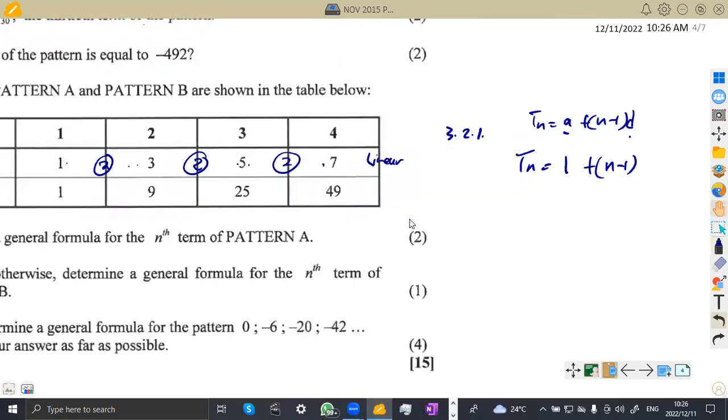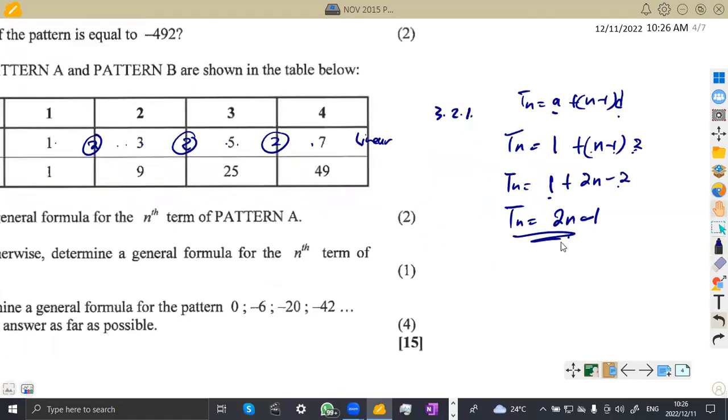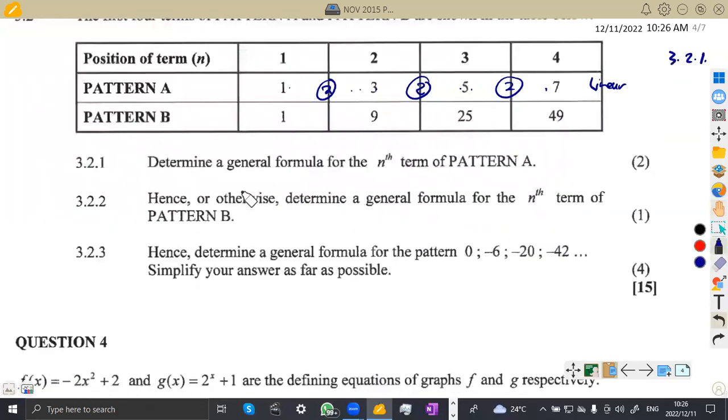There is a difference of 2 on these terms. So that's our Tn, which is 1 plus 2 times n, which is 2n. 2 times minus 1, that's minus 2. So Tn is equivalent to 2n. 1 minus 2, these are the like terms, which gives us a negative 1. So our Tn can be given as 2n minus 1. All right, so that was it for this one.